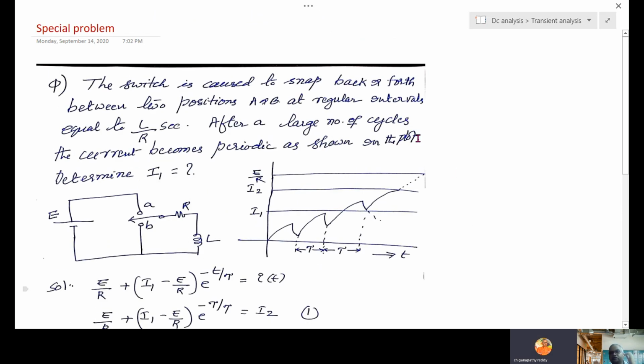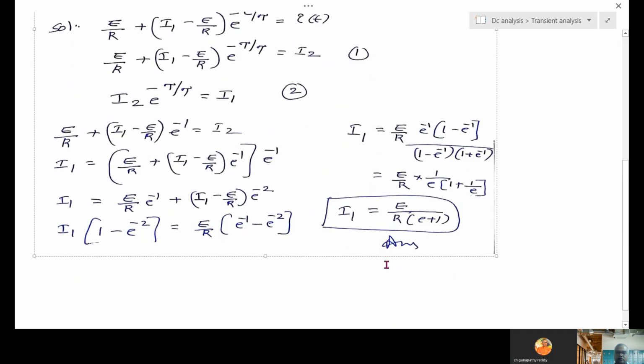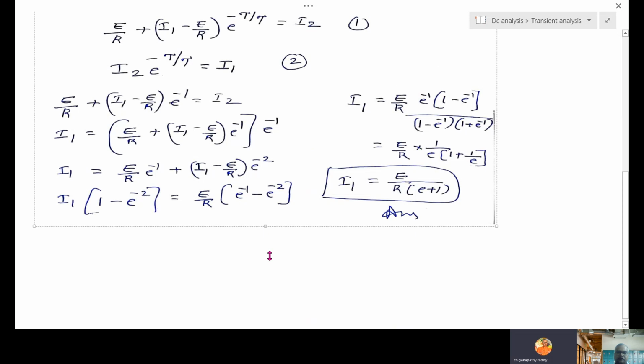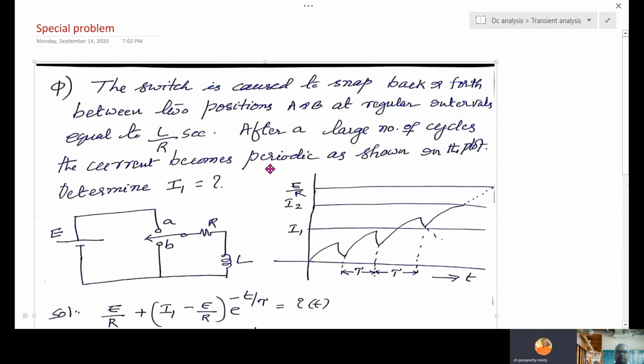This is another special model. Look at this.